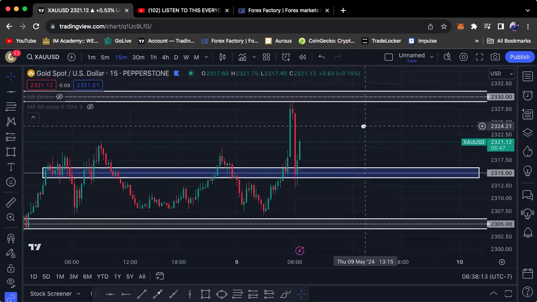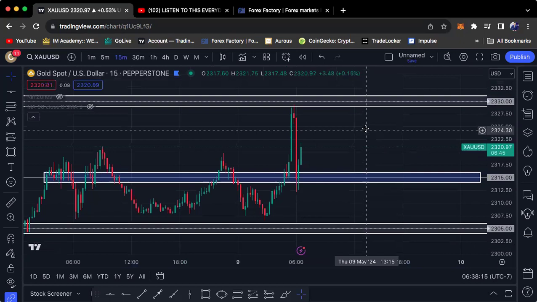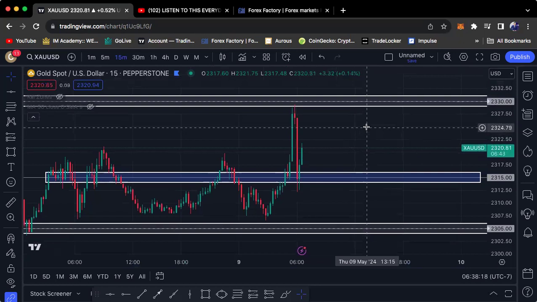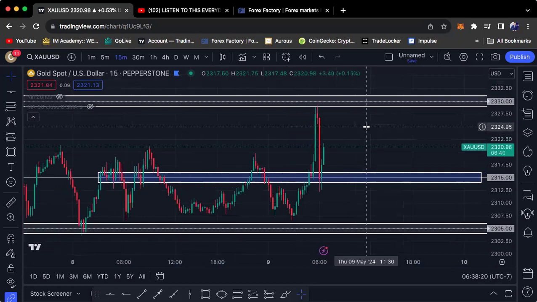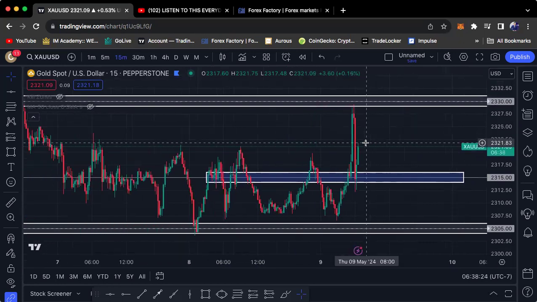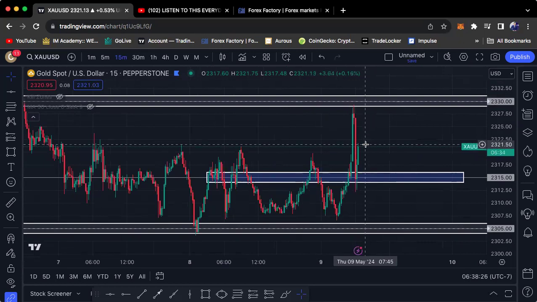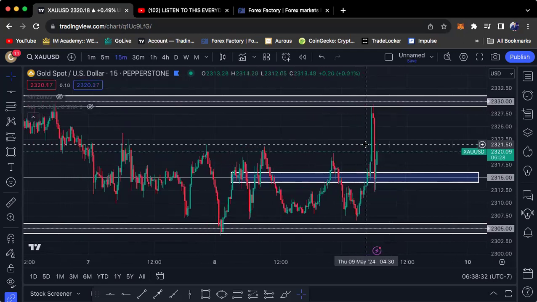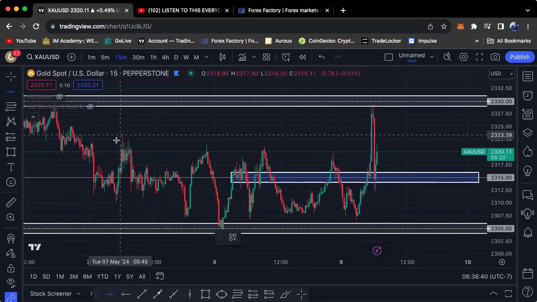Now that I have that, there's also price action going on here at 2320.